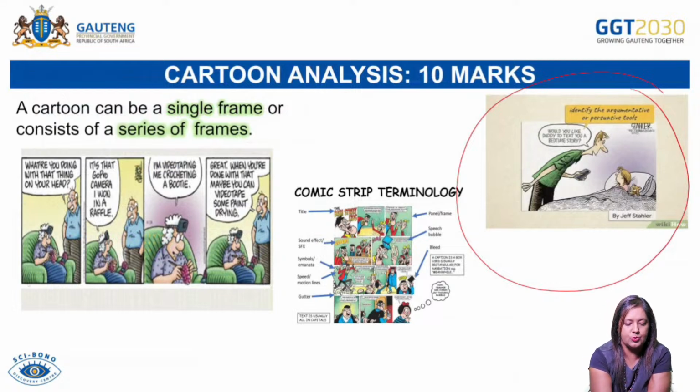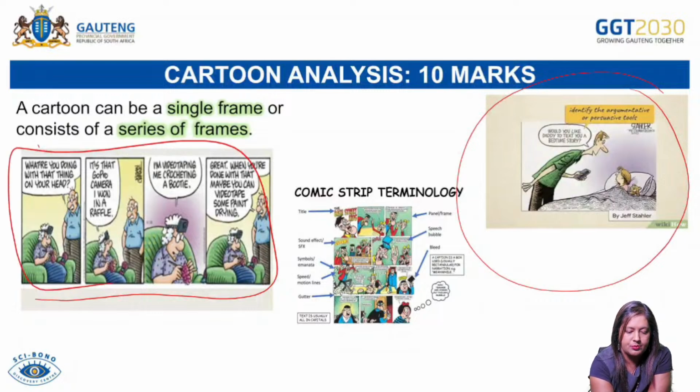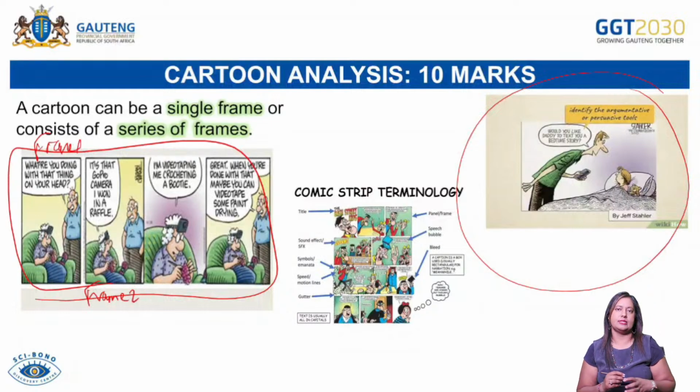And then you've got this one here, which is the series of frames. So it'll be like this: frame 1, frame 2, and it carries on like that in your exam paper, where the examiner will set that up for you. All right. So when we go a little bit further into analyzing the particular frames, you will notice that there is content in the frame.